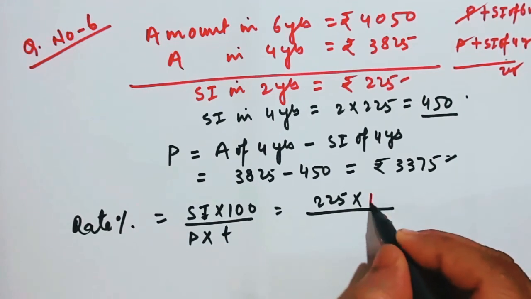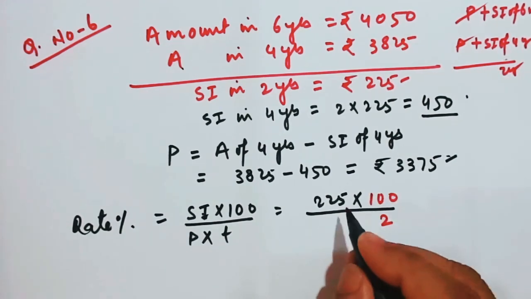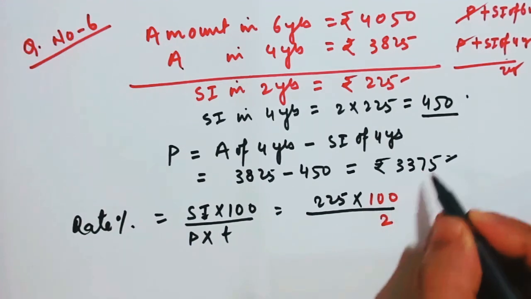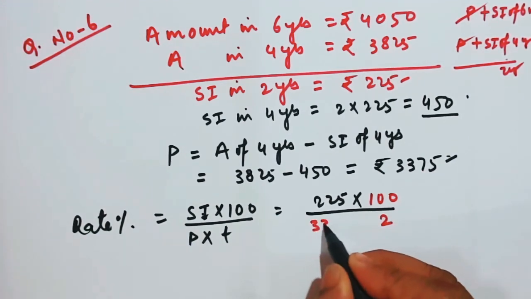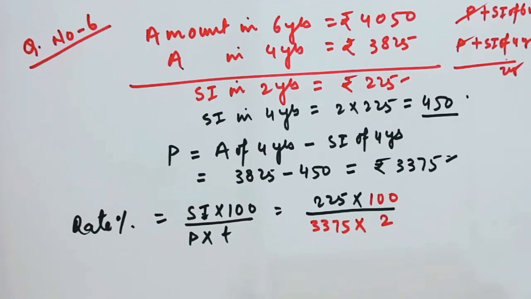So SI into 100 by P. Where is P? P is the same, 3375, into T. Now it depends upon you how well you can solve it.